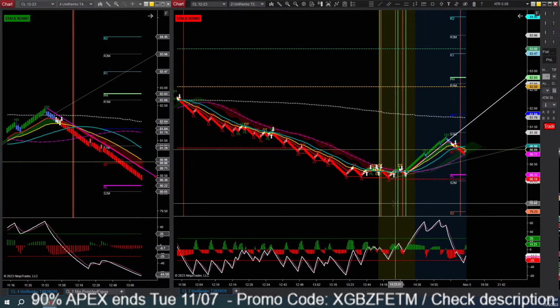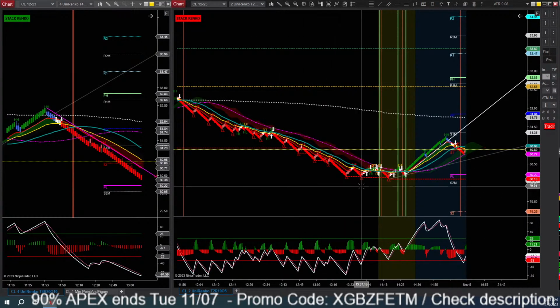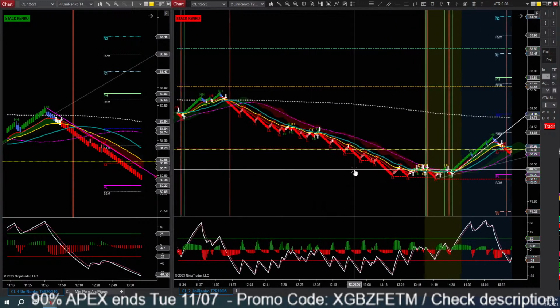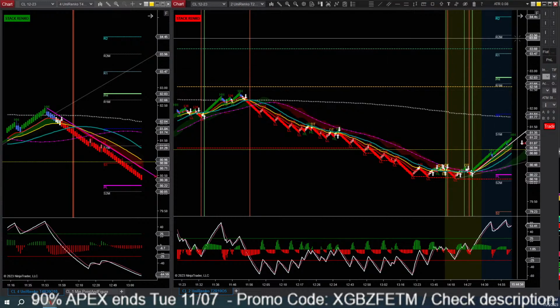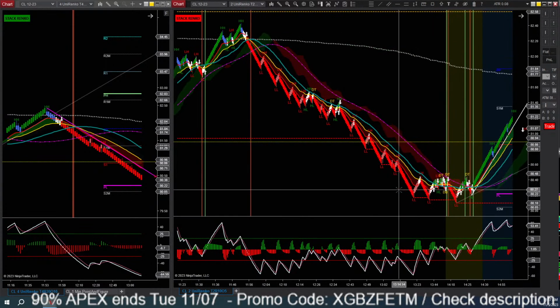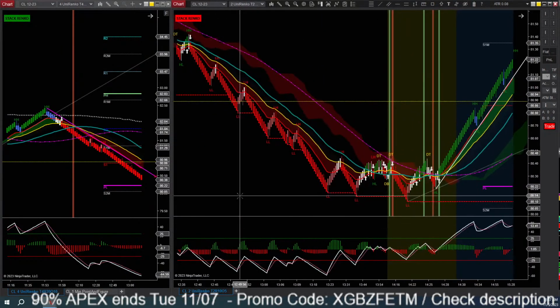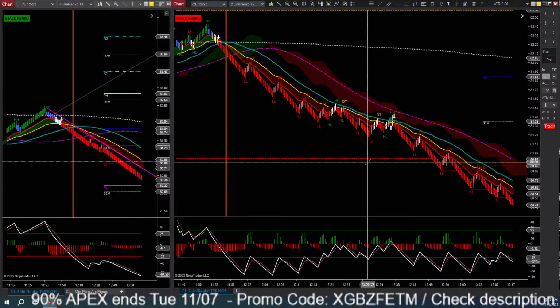My apologies. Okay, so weeks out of the moving averages all the way here, and then the most important one for me at least is the 34 EMA, which is visited several times: 1, 2, 3, 4. Then it went a little bit above and triggered the 50, but this one here triggered the 34.